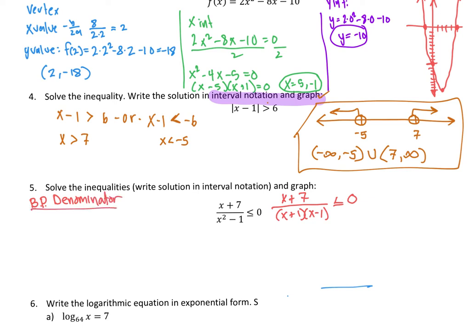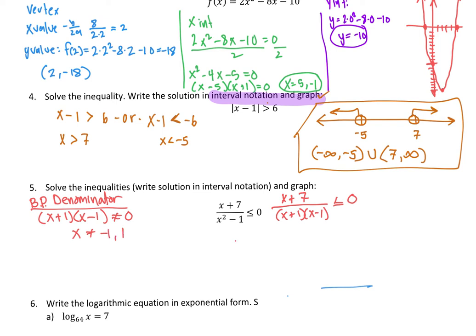Okay, so our boundary points from the denominator tell us that the denominator cannot equal 0. So that means that x cannot equal -1 or 1.